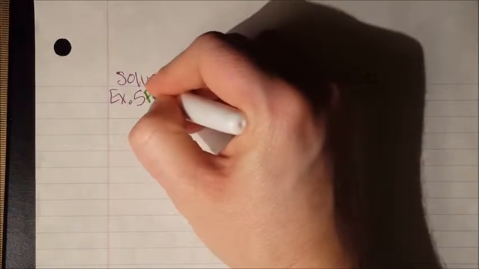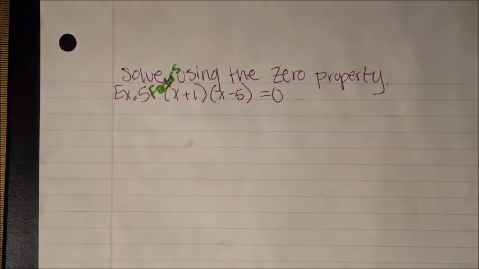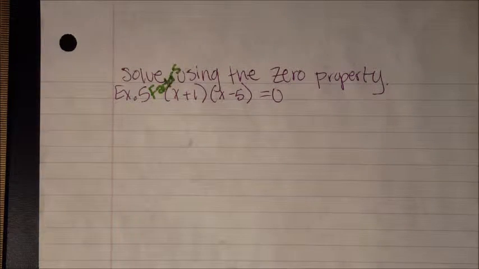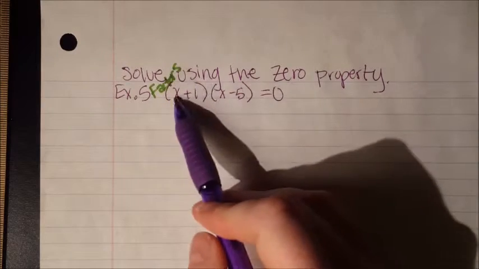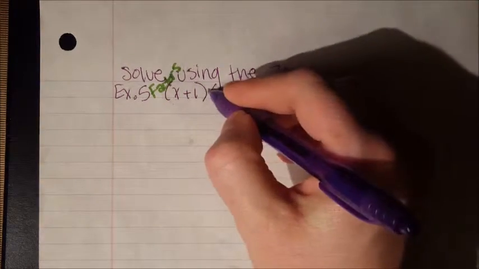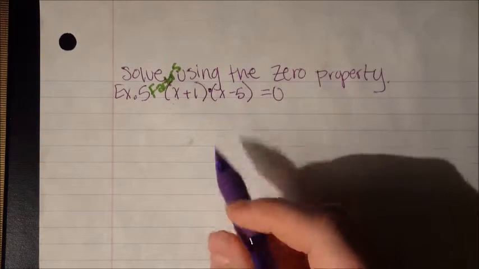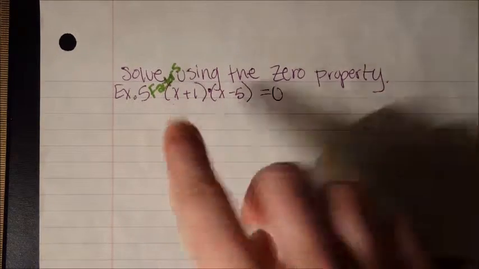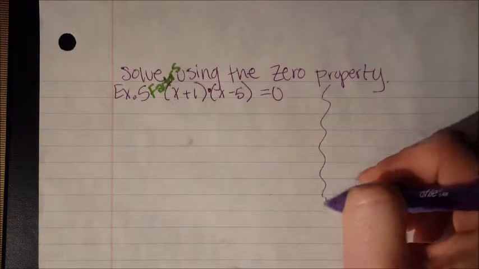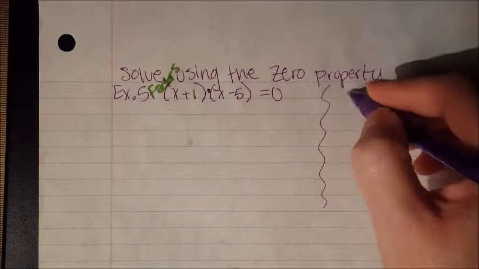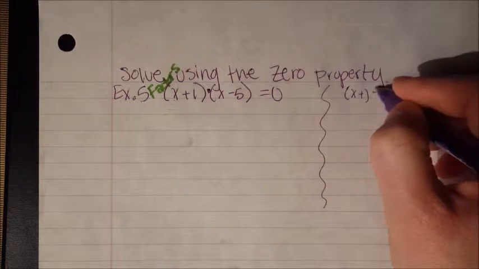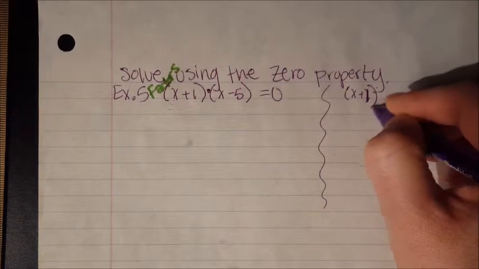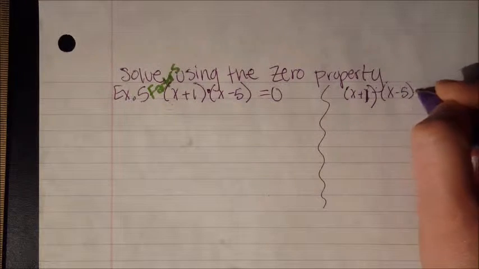These are factors. What I could do is, these two factors are being multiplied. The inverse of multiplying, if I'm asked to solve, is dividing. So I'm going to do this side problem over here: x plus 1 times x minus 5 equals 0.